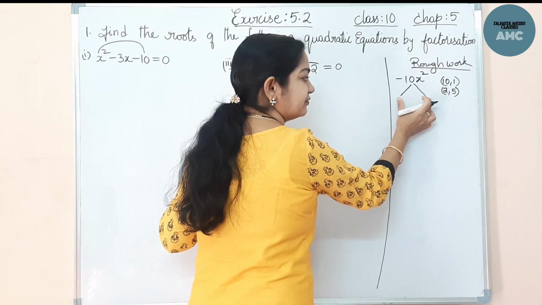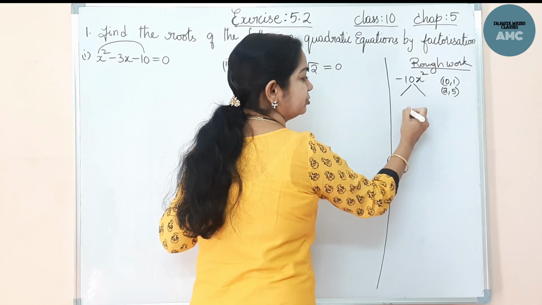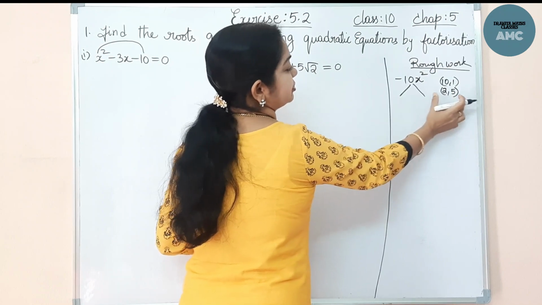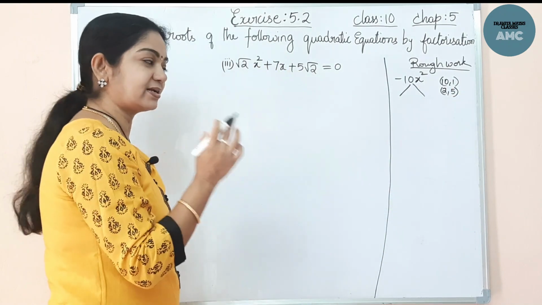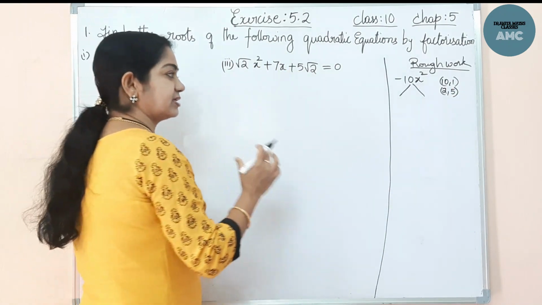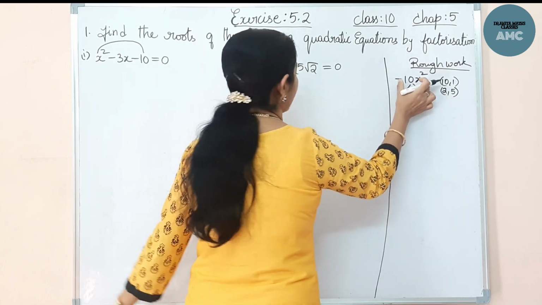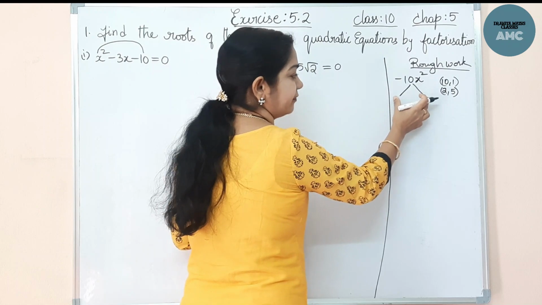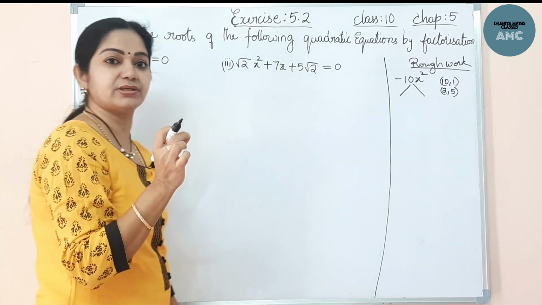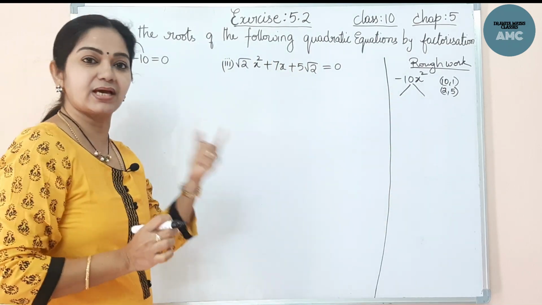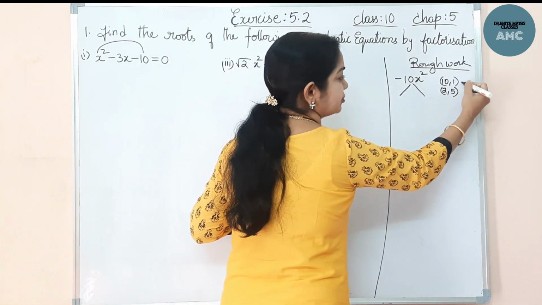Which is suitable so that you get our terms? You have to take such factors that when you multiply, you get the product of the extreme terms, and when you add, you get the middle term. Such factors you have to choose from these.